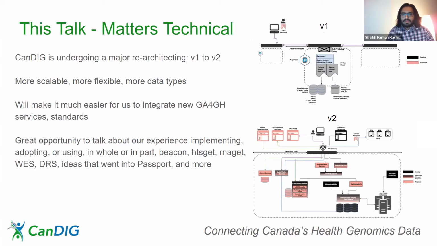And from that, we have gone through a process of re-architecting the CanDIG V1 platform to V2, which will allow us to be more scalable, more flexible, and bring in additional genomics and omics data types.